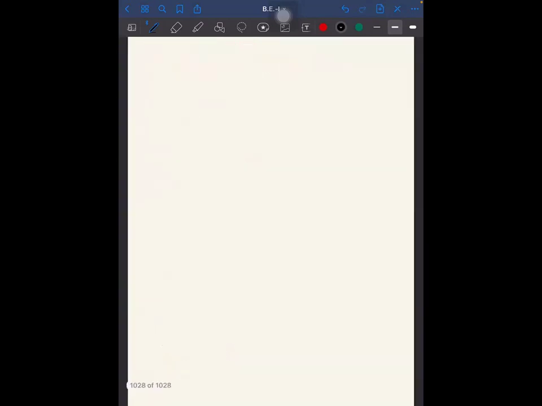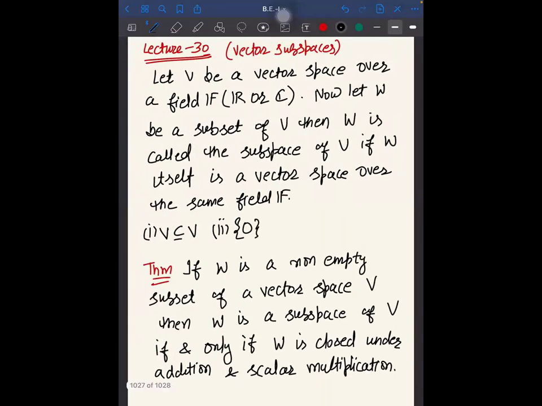To see this, this is an if and only if condition. If W is a subspace of V, then you don't need to prove every property of the vector space. W is called a subspace of V if and only if it is itself a vector space. But in generally proving that some set is a vector space over R or C, we have 8 to 10 properties which we prove for each example, right?